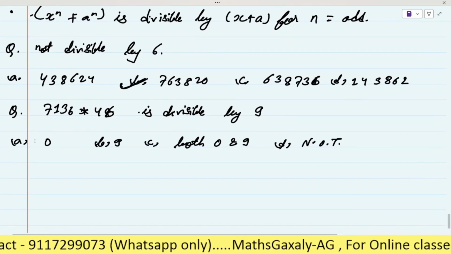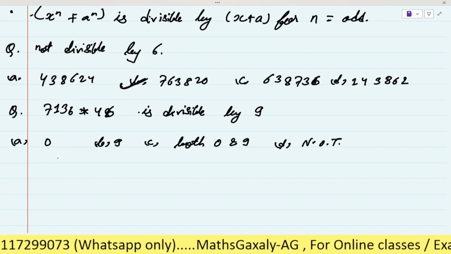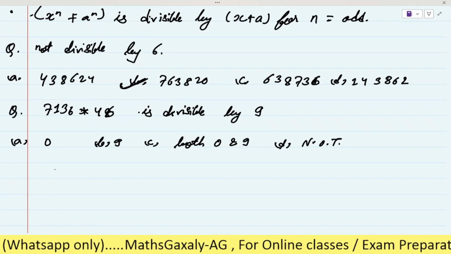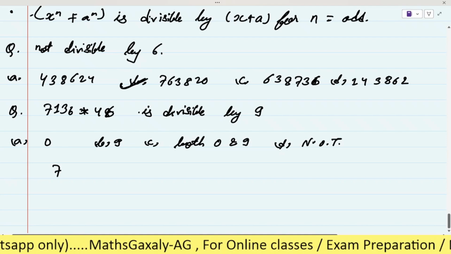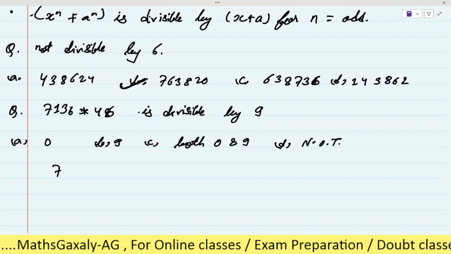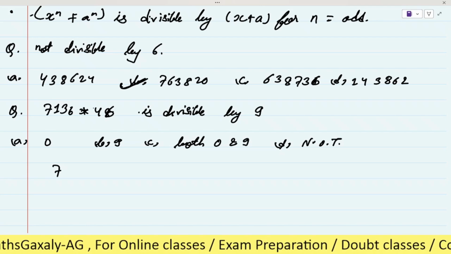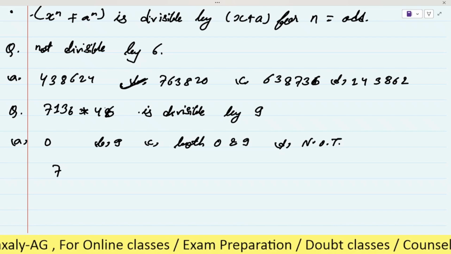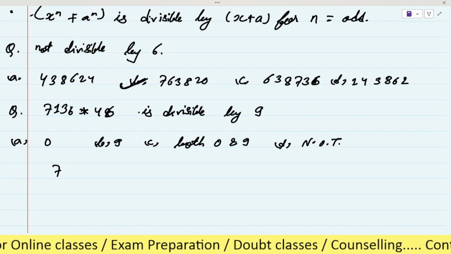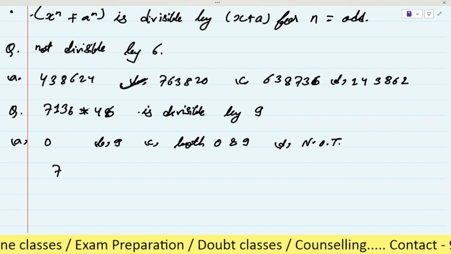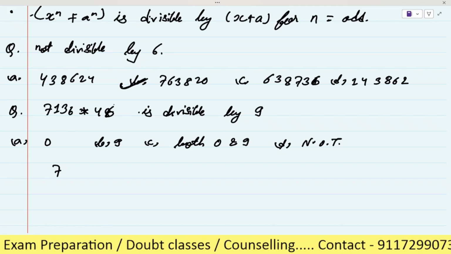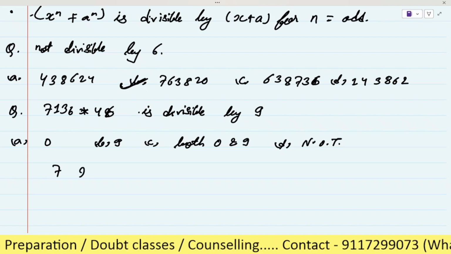Both, these can be, just add them. 7 plus 1 is 8, 8 plus 3 is 11, 11 plus 6 is 17, 17 plus 4 is 21, and 21 plus 6 is 27, okay?